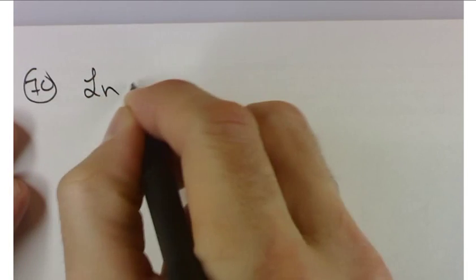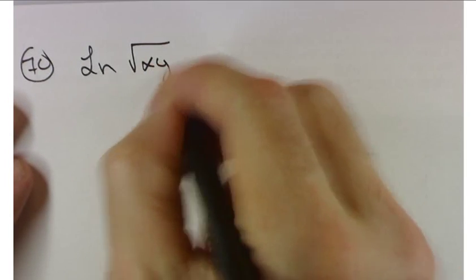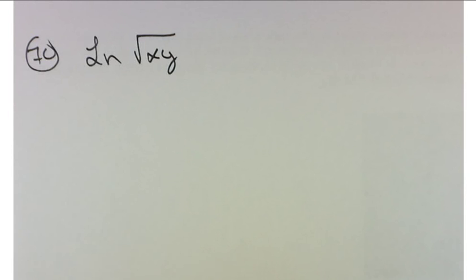Let's try problem number 70. ln of the square root of xy. There's a couple ways you can do this. Even though this is ln, our properties of logs still apply here. They're still the same. You still have the product rule, the quotient rule, and the power rule.